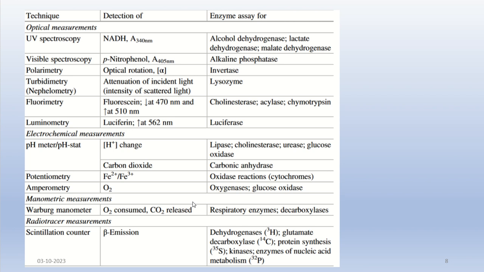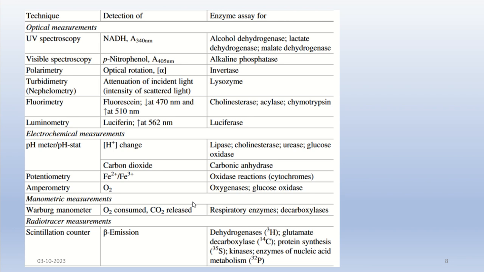That you know very well: a pH meter for determination of pH increasing or decreasing. Changes in urease, glucose oxidase or lipase activity can also be measured with that. Generally, lipase activity matters in rancidity of crops, for example bajra. So through a pH meter you can measure lipase activity.